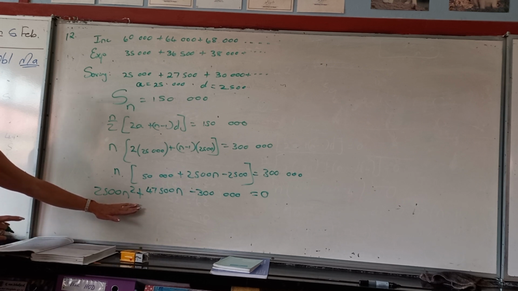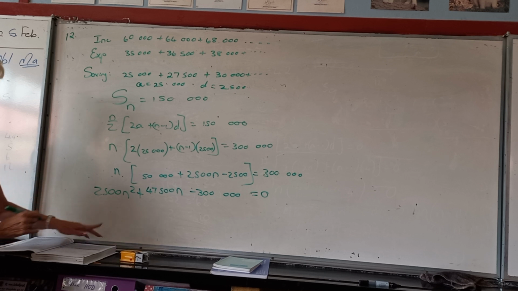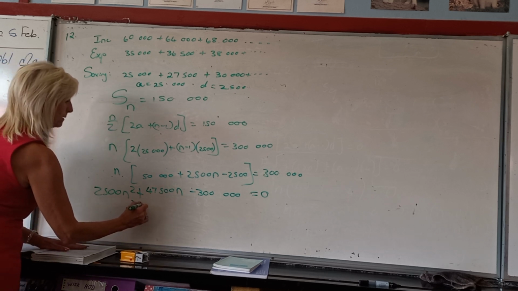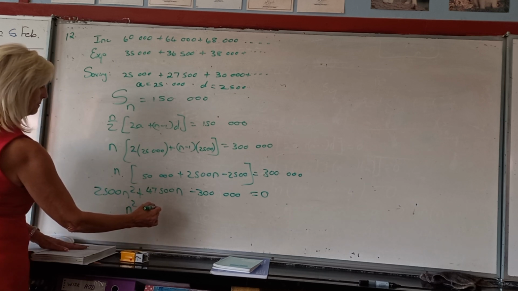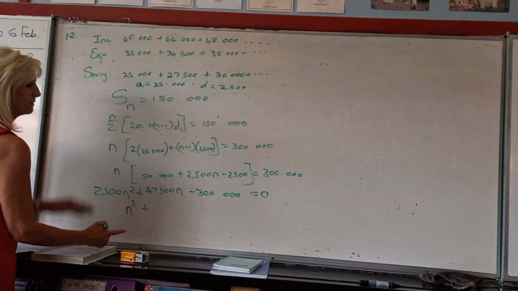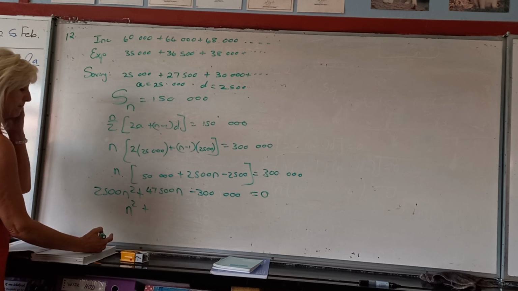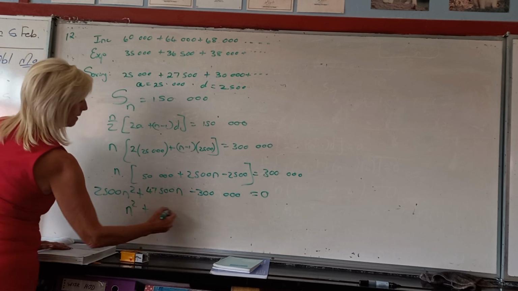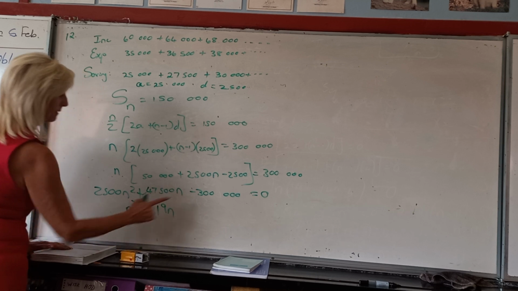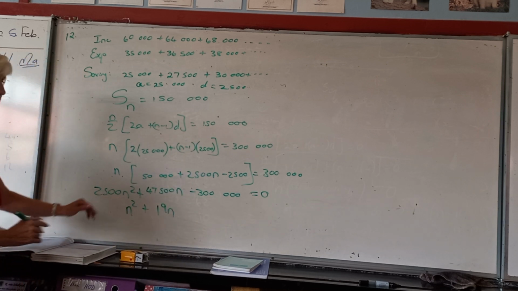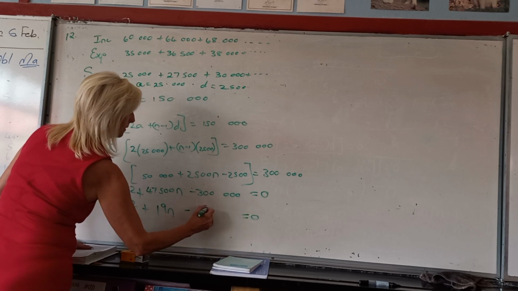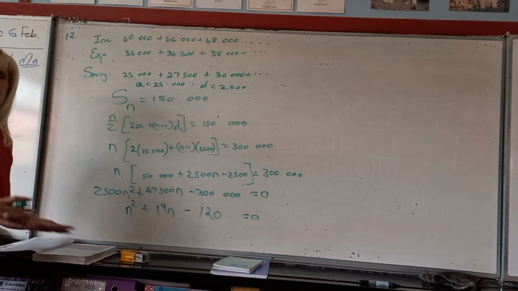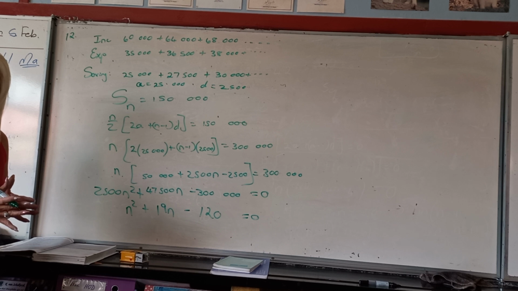We're going to be able to divide everything by 2,500. Please give me an answer for the middle one. How much is this? 47,500 divided by 2,500. 19. Thank you. And the 300,000 divided by 2,500. 120. Thank you. Okay, large numbers, but it still says the same maths.